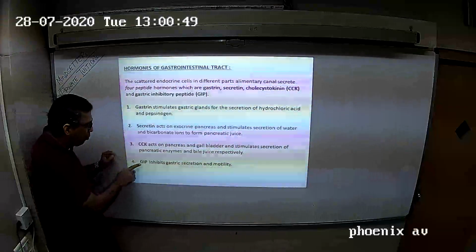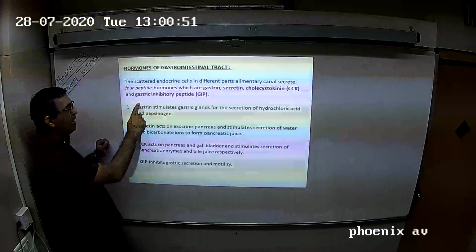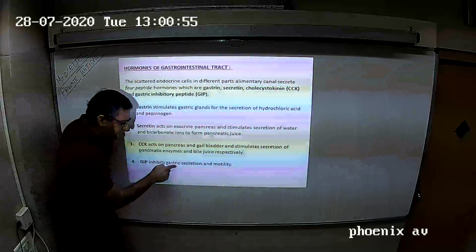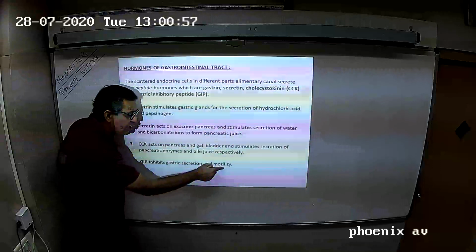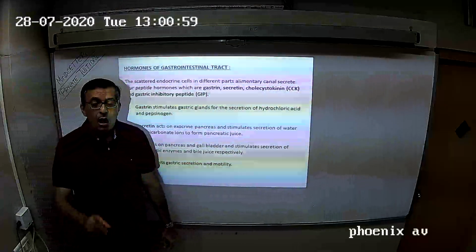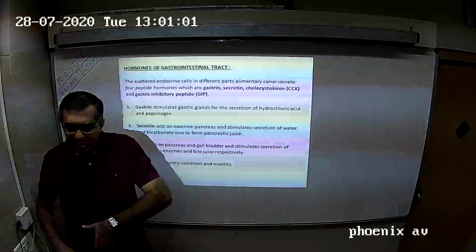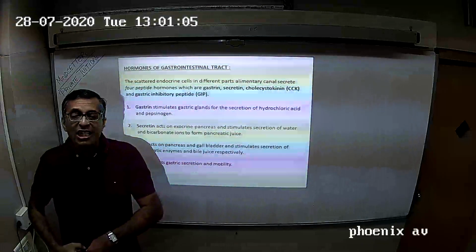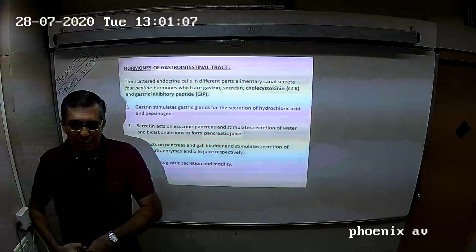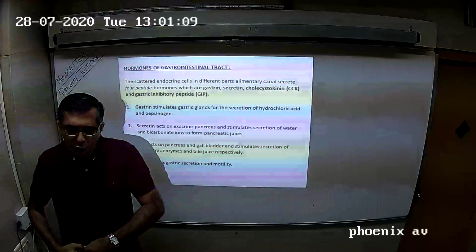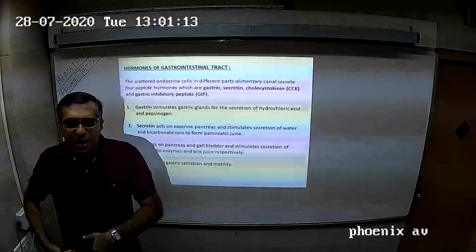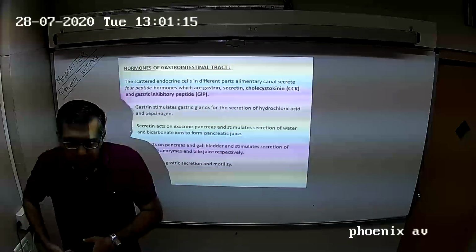And we have a hormone called GIP, gastric inhibitory peptide, which inhibits gastric secretion and motility. Sir, once the stomach has done the churning, the pyloric sphincter will relax. Now when the stomach contracts, all the chyme enters from the stomach into the duodenum.